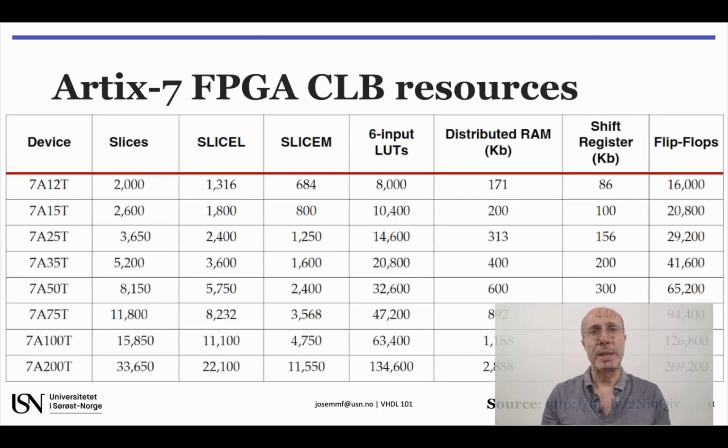This slide shows the logic resources available in the Artix family of FPGAs, which is the type of device used in the Basys 3. This board uses the Artix 7 35T, which is a mid-range device with 5200 slices. You may pause the video for a moment at this point to realize the variety and complexity of the logic resources made available by this Artix 7 family.